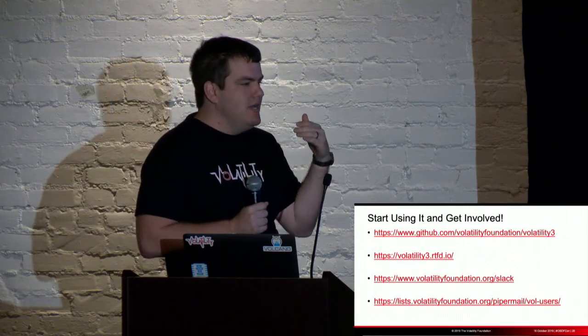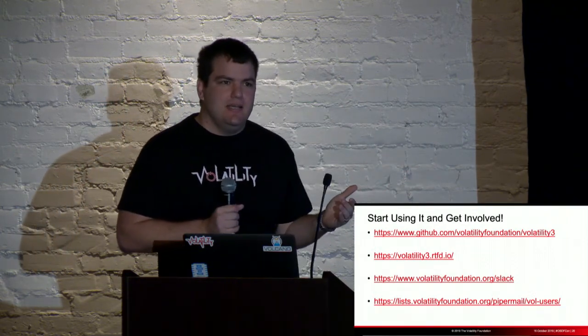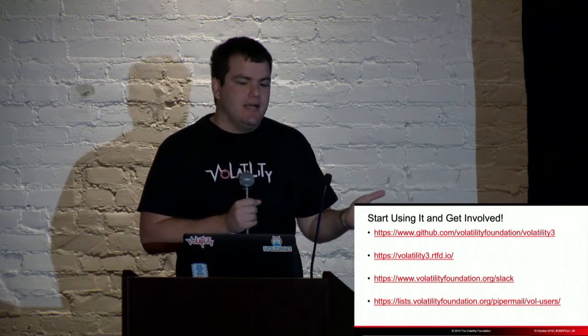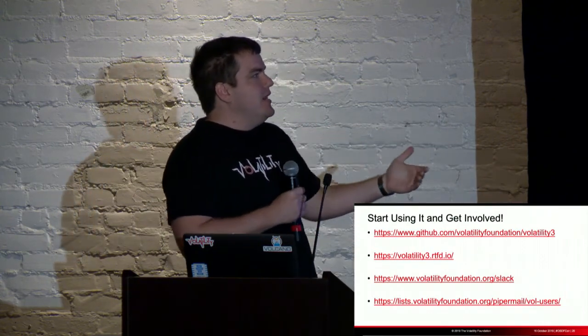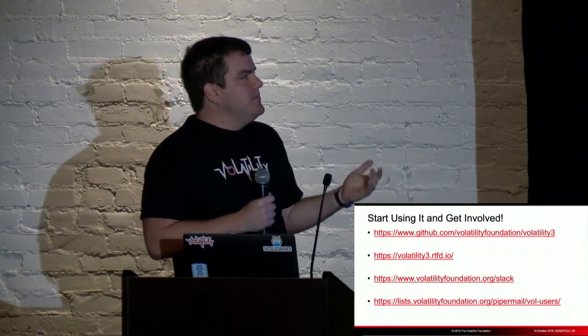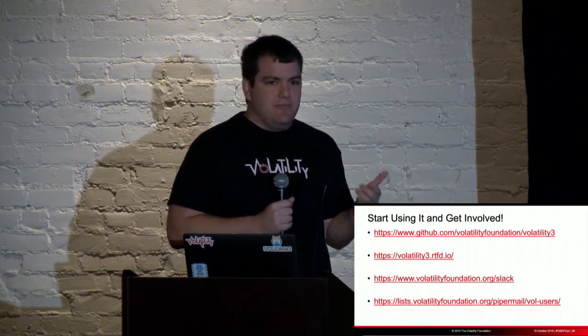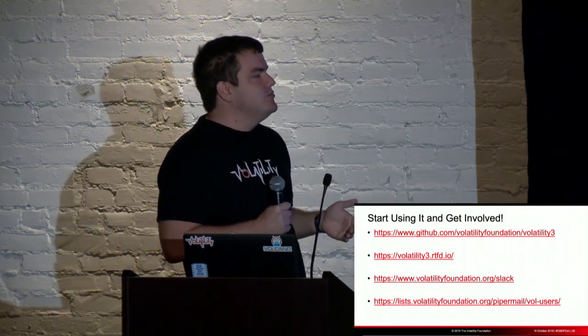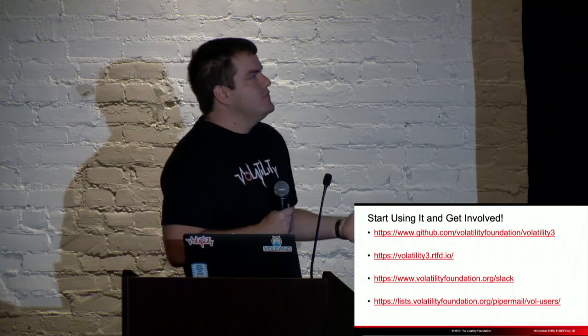If there is some other analysis plugin that you would like to see and you have the programming skills, now is a great time to make that contribution, and help the entire field out. Whether you just find it interesting, or it's something you want to help with your career. We have a lot of students who are really interested in it, doing master's projects, PhD work as well, to really help us push this forward.